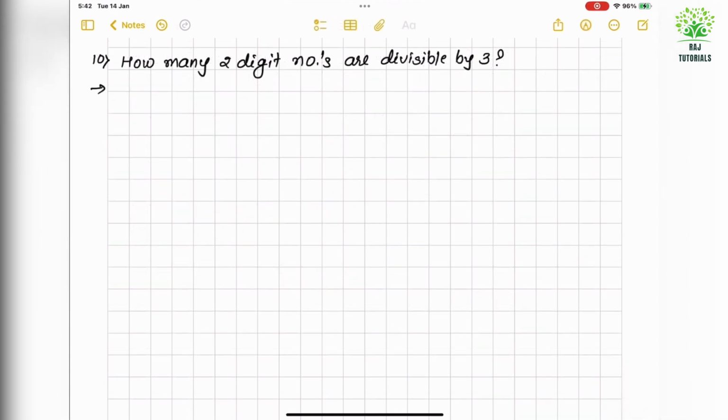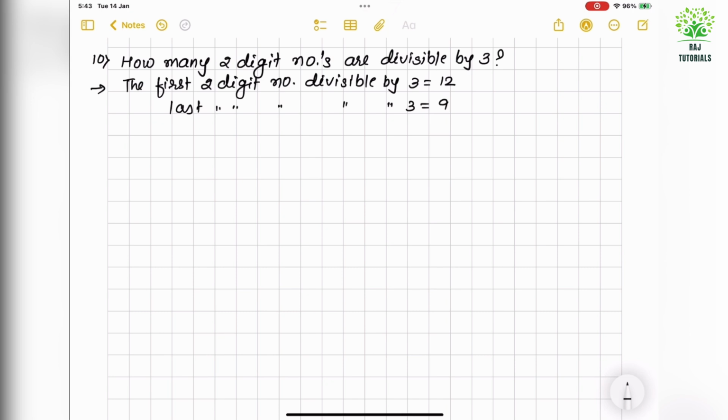Now the next question says how many two-digit numbers are divisible by 3? If you see carefully, the first two-digit number divisible by 3 is 12 and the last two-digit number divisible by 3 will be 99. So here I can use the formula an equals a plus n minus 1 d.